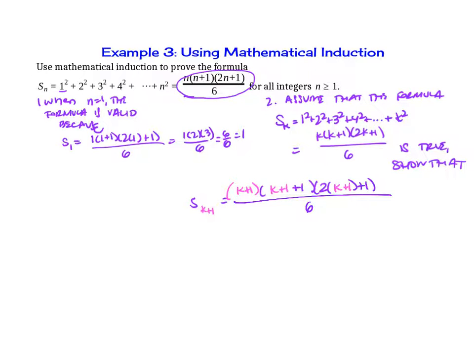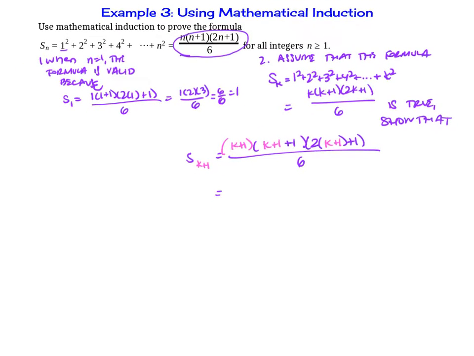So we need to simplify this to see where we're headed. So this is k plus 1 times k plus 2, and this is 2k plus 2 plus 1. So this is going to be 2k plus 3, and that's all over 6.